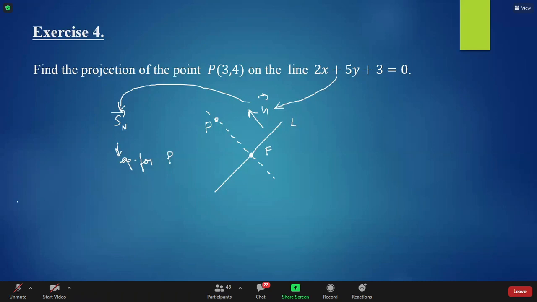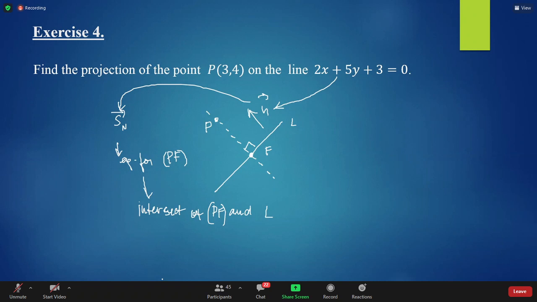And finally, the intersection, finding the system. The intersection of PF and the given line, let's say L. And that will be the projection of the point, because by projection, of course, we understand the perpendicular projection, the orthogonal projection, the foot of the perpendicular.